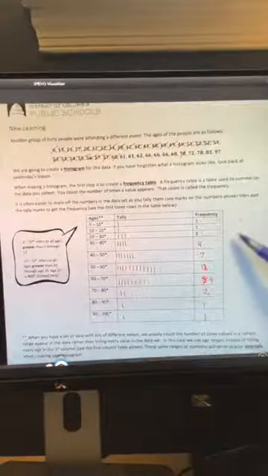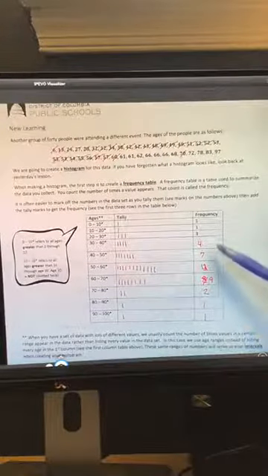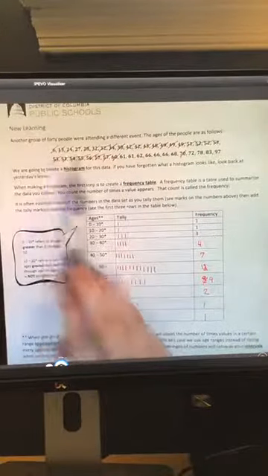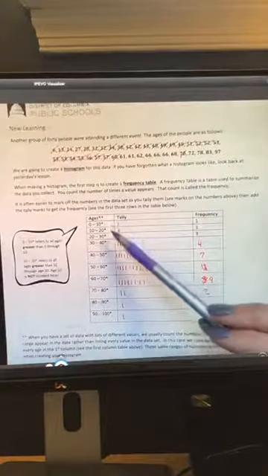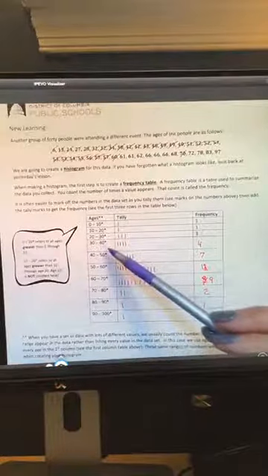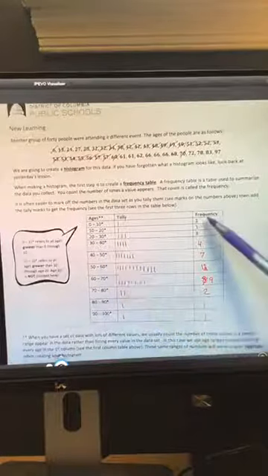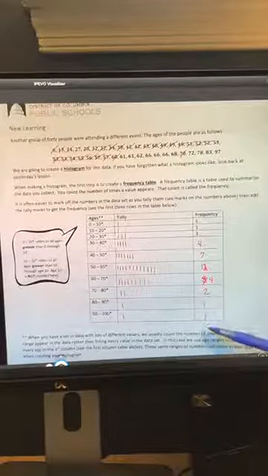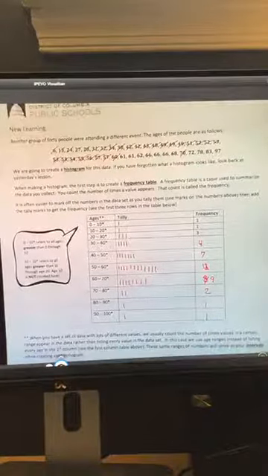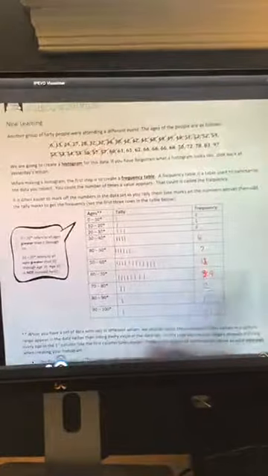What we did right here, and I asked you to do this ahead of time, was we took all of these ages and we divided them up by age groups: 0 through 10, 10 through 20, 20 through 30, 30 through 40. And then I tallied up the frequency of each age range.